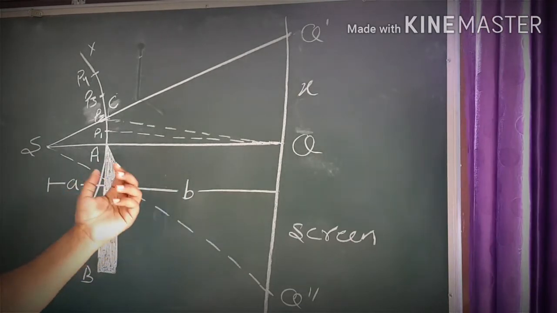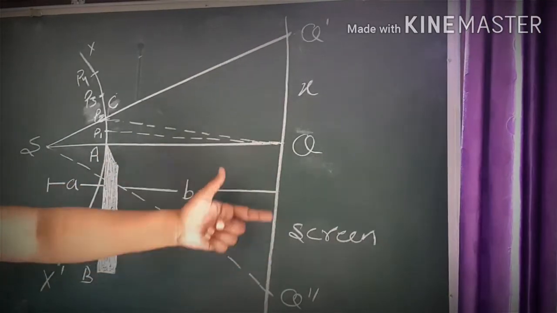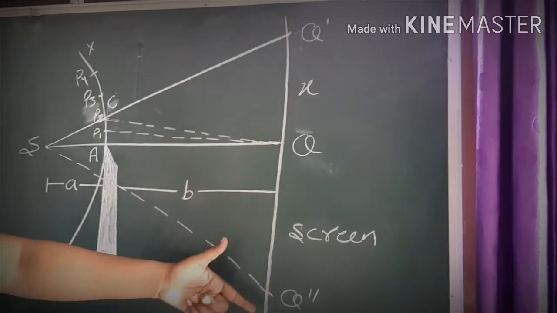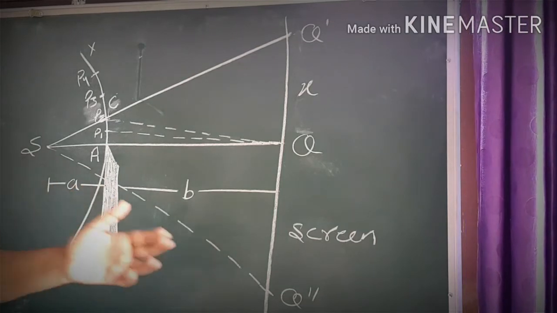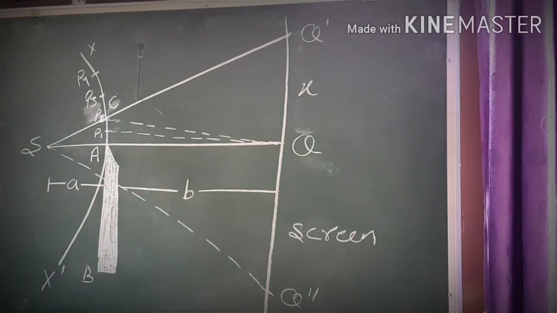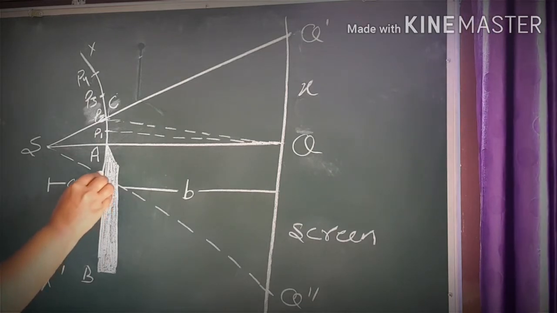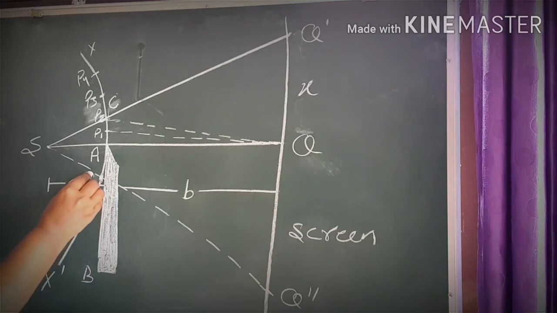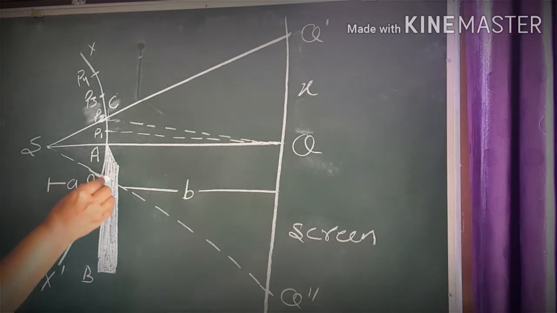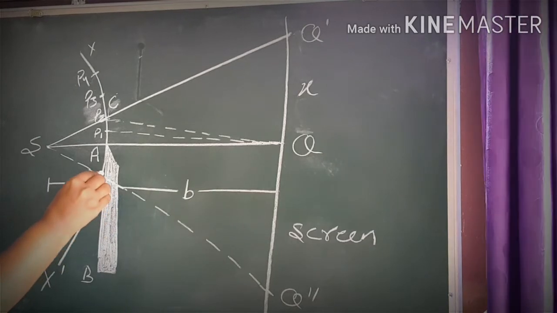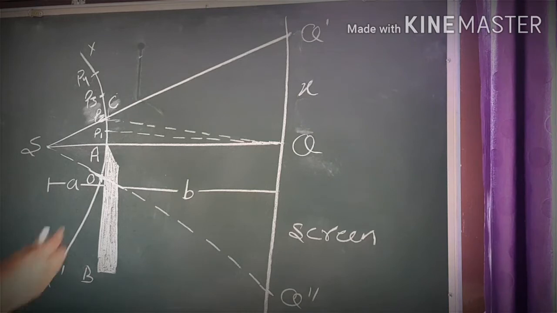If light had rectilinear propagation, then this region must be dark, and no light should reach this region. Now we have to find the intensity at Q dash. Suppose this is point O. If light passes through this line, then this is the pole, and we construct half period zones around this pole.